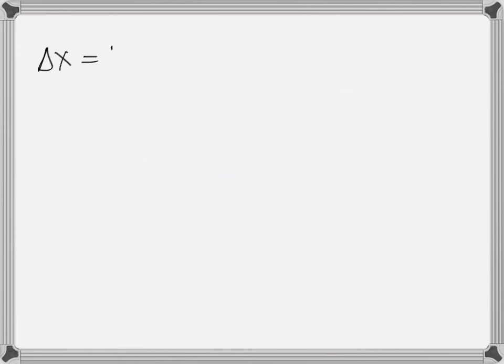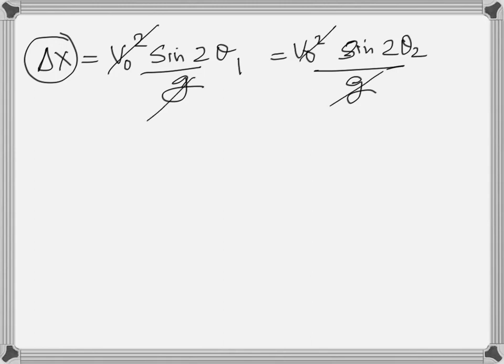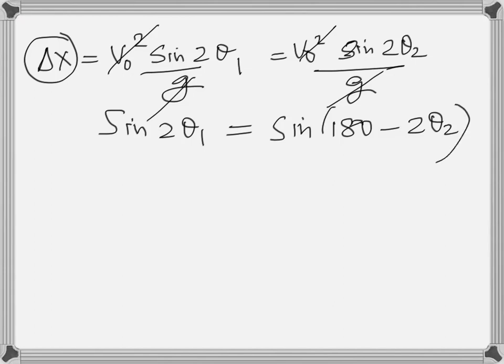Now the formula for horizontal displacement is v squared sine 2 theta 1 by g, but assuming there's another angle, we could write it as v squared sine 2 theta 2 by g. Cancel the like terms. And on the right hand side, it can be written as sine 180 minus 2 theta 2, because sine 180 minus an angle gives you sine of that angle.